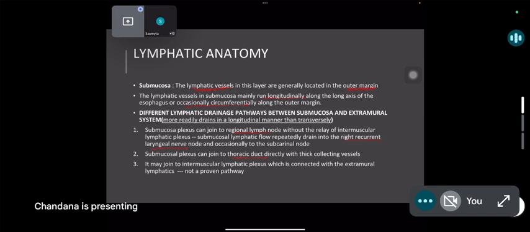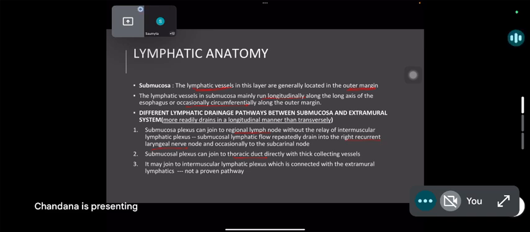The submucosal plexus can join the thoracic duct directly with thick collecting vessels. It may join the intermuscular lymphatic plexus, which is connected to extramural lymphatics. So from the submucosa, it can go directly to external lymph nodes and directly to the thoracic duct, or it can reach the next layer, the intermuscular lymphatic plexus, and then go.